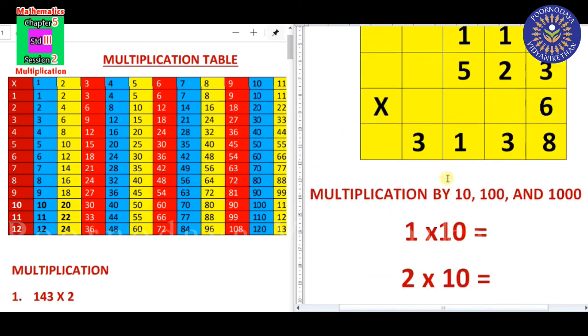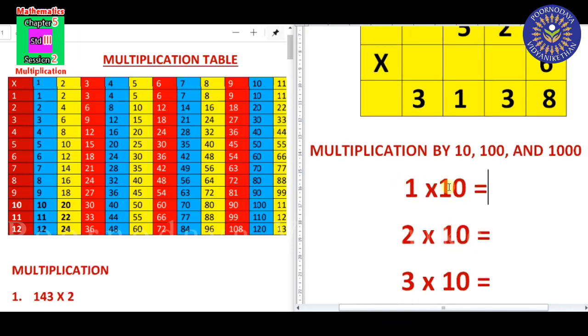Children, next we are going to learn multiplication by 10, 100 and 1000. We already know the multiplication table of 10. See, 1 10 is 10, 2 tens are 20, 3 tens are 30, like that. So, we know 1 into 10 is equal to 10. See, 1 into 1, 1, and you have to put this 0 also. 10.